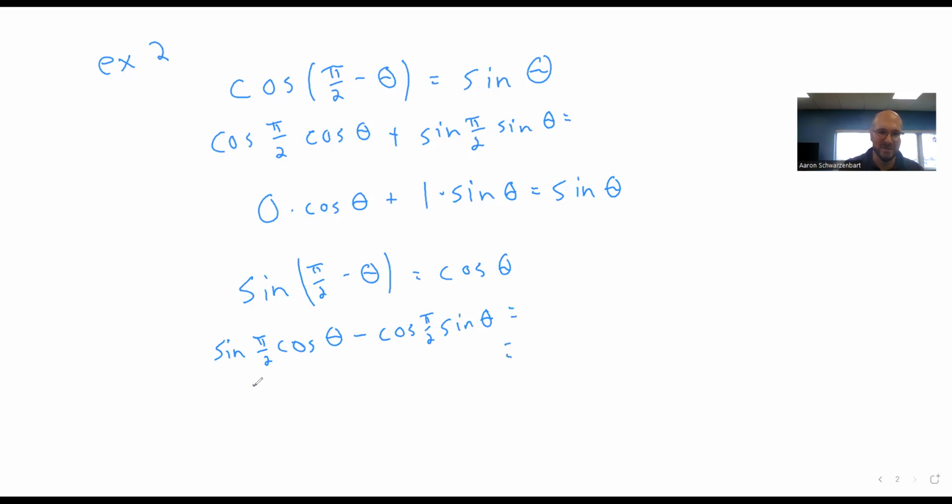Not coming quite straight down, but 1 times cosine theta minus 0 times sine theta equals cosine theta. Oh, hey, look, that's what it's supposed to equal. We're going to do it with some other things.